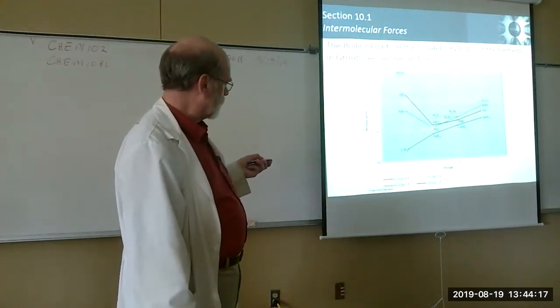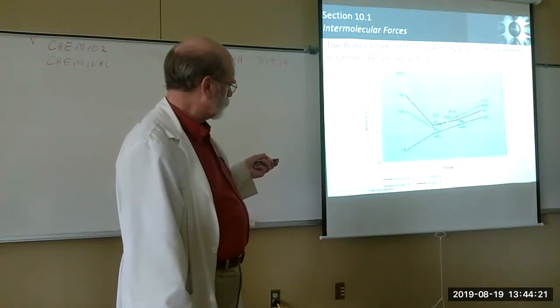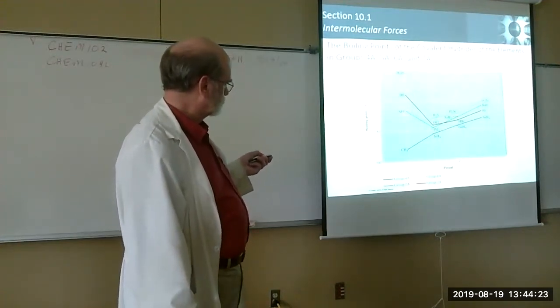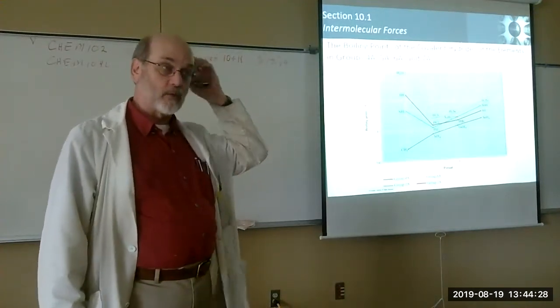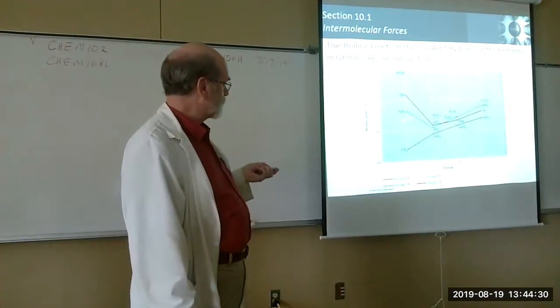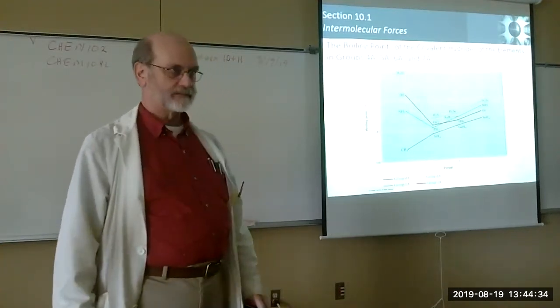So that's why these have much higher boiling points than these groups in here. Because hydrogen bonding is effectively increasing the intermolecular forces. So these anomalies, all three of them, are attributed to hydrogen bonding.